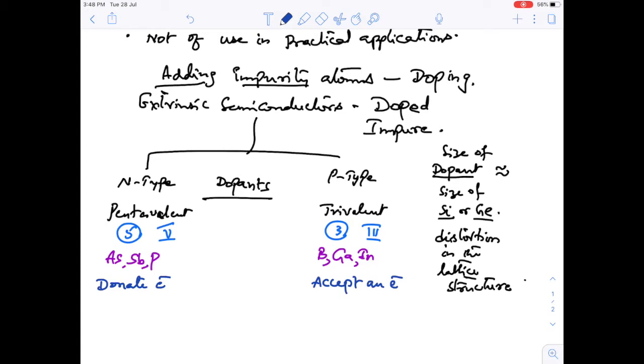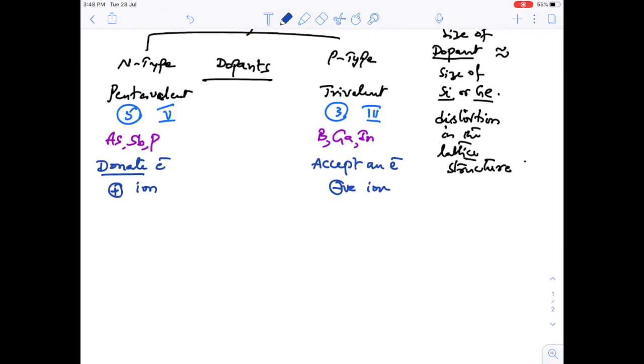Because they donate an electron, they become positive ions in N-type, and they become negative ions in P-type. And because they donate, these impurity atoms we will call donors, that is Nd. And in P-type, because they accept electrons, we will call these impurity atoms acceptors, Na.